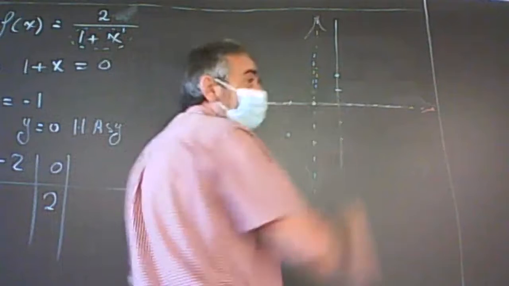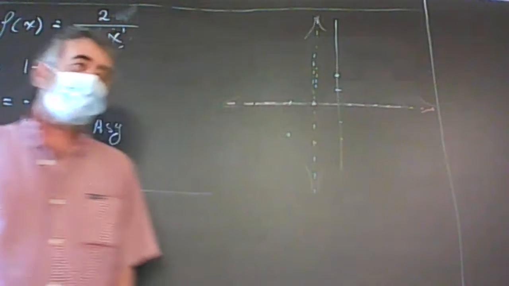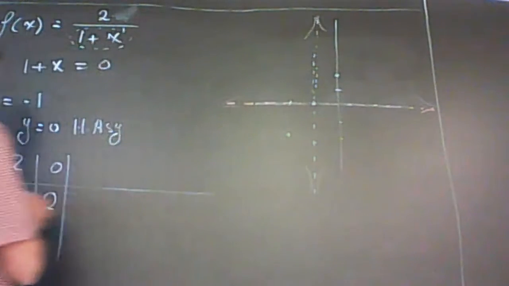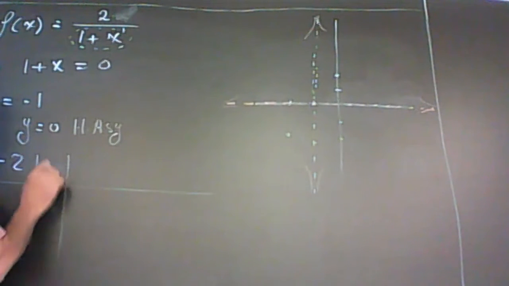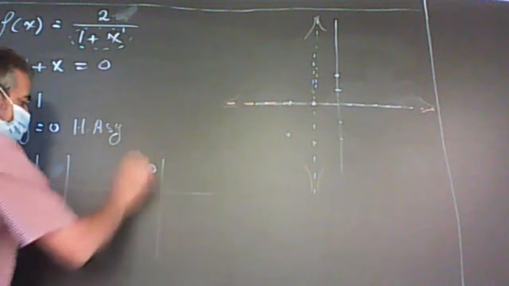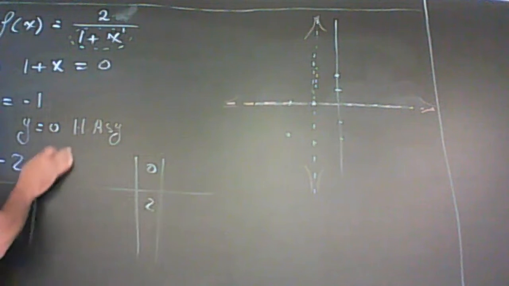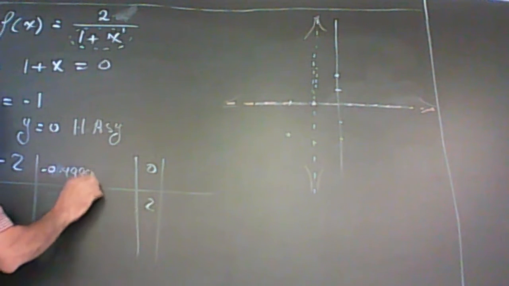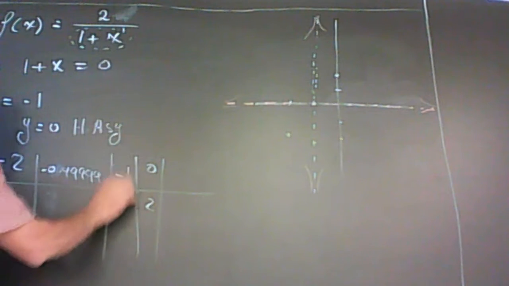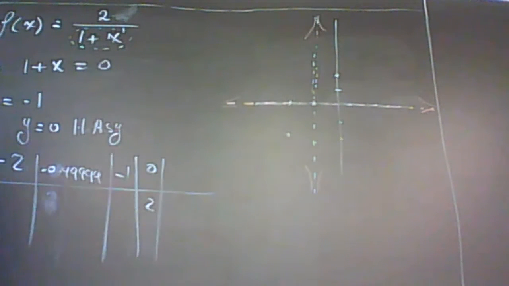If I come from this side, I'm just going to use, let me put the 0.2 on the other side. Say 0.2. Let's say negative 0.99999. This is my negative. Okay?